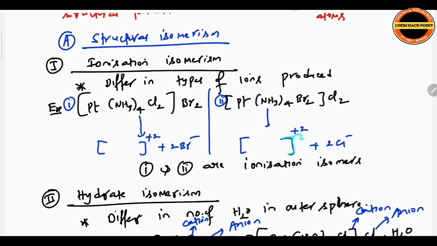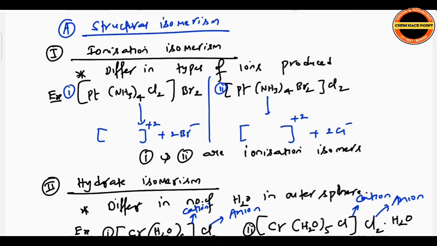Another compound produces the same coordination sphere with plus 2 charge and 2Cl minus. So both have the same molecular formula but produce different types of ions. Such isomers are known as ionization isomers, and the phenomenon is referred to as ionization isomerism.